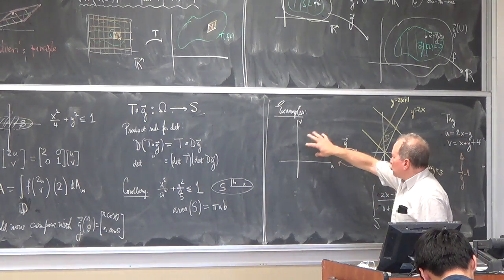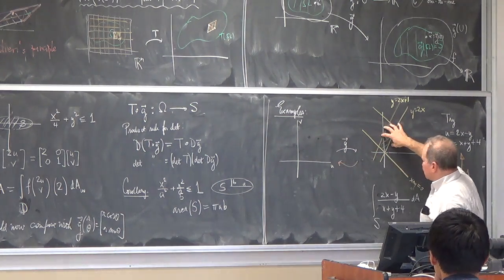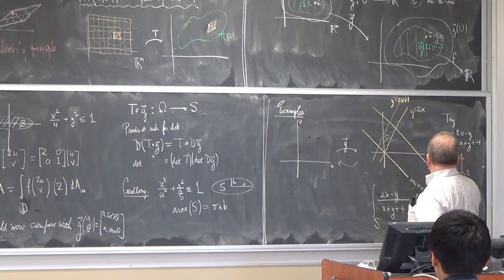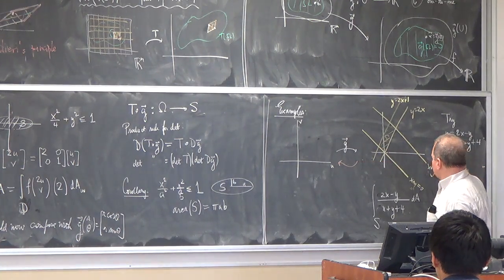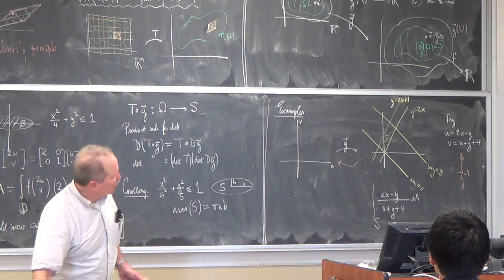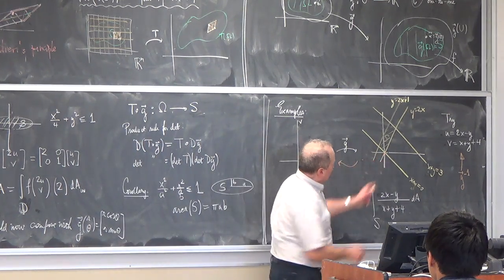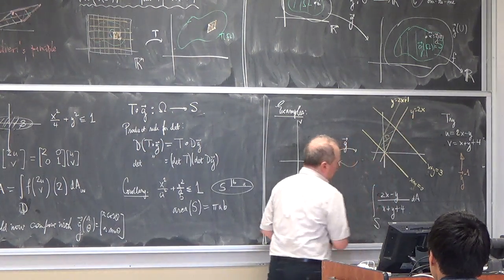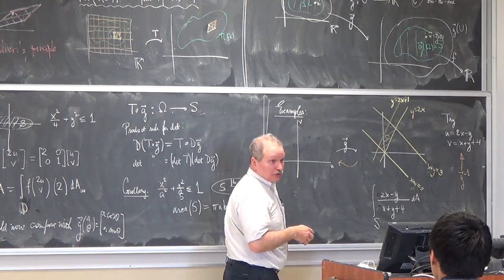Can you figure out a region back here that would get mapped to S by the inverse of this transformation? Well, look at the equations. What are the sides of the parallelogram? What's this side? U equals 0, right?